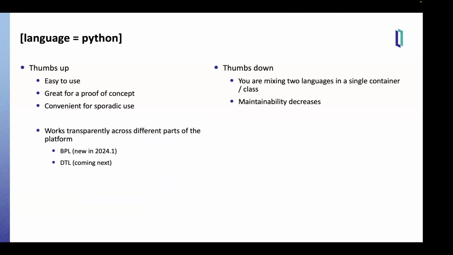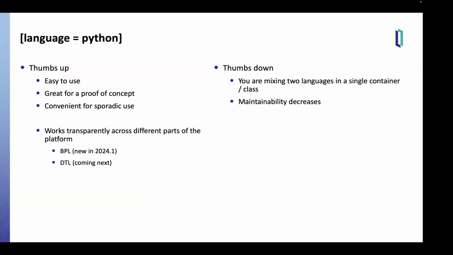And it's relatively convenient. It's also what's being used under the covers in some of the new technologies that we offer, like in BPL, the business processes. We support Python now directly instead of ObjectScript. That's new in 2024.1. And we're doing the same thing for DTL, the data transformations, which is coming up next, probably in 24.2. So it's something that's very transparent.